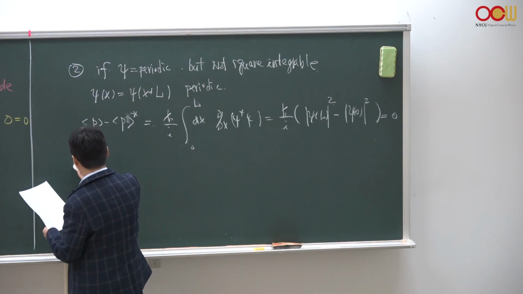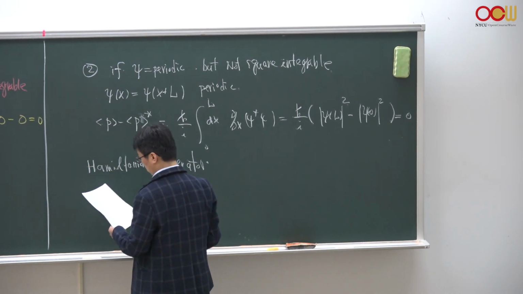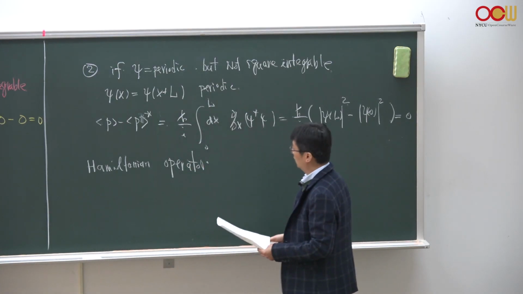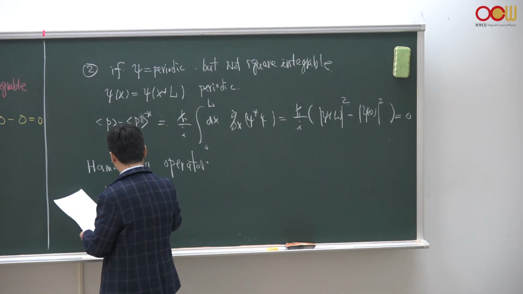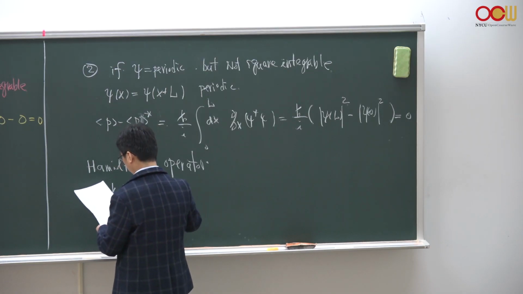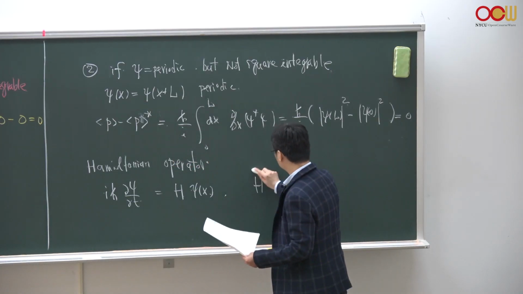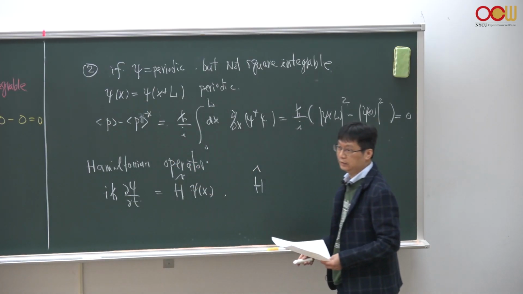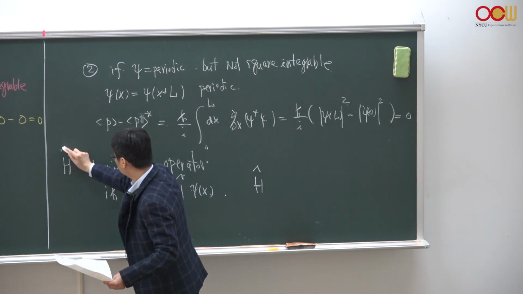So we can define the so-called Hamiltonian operator for free and also interacting particles in the following way. Remember, this is the Schrödinger equation, and we can use a shorthand notation by defining the Hamiltonian operator, which I call H wearing a hat.